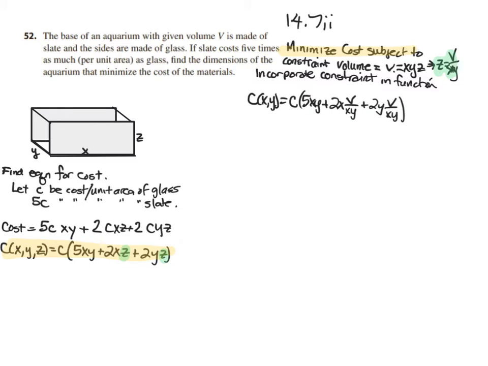So once again, I have just substituted in for the z. And so my cost function is this constant times 5xy plus 2V over y plus 2V over x. Okay, so that's the function that we're going to deal with here.